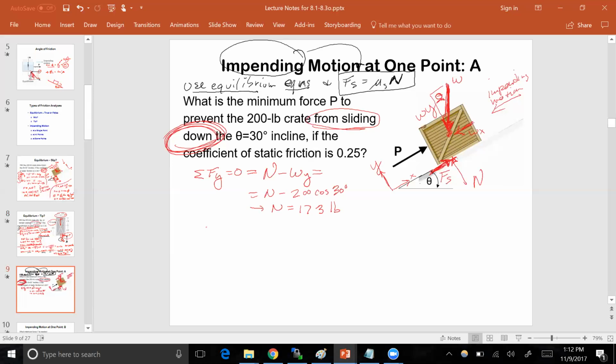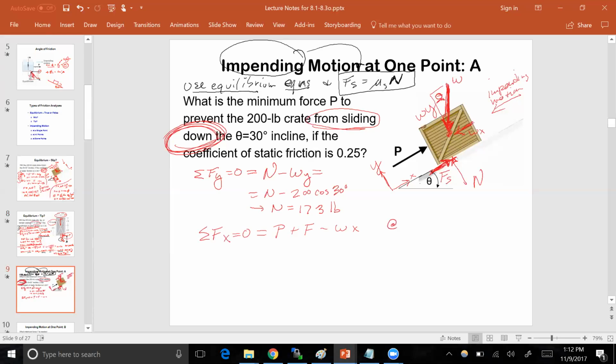Okay, we sum the Fx's. Oops, that should be x. And we have P in the positive x direction, we have F in the positive x direction, and we have minus Wx in the negative x direction, right? The x component of W angling back down that plane.